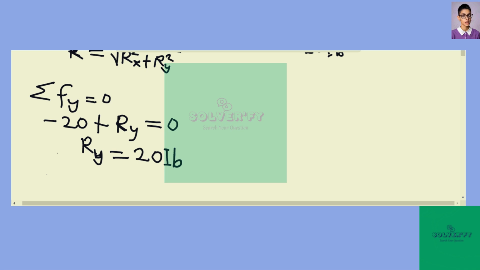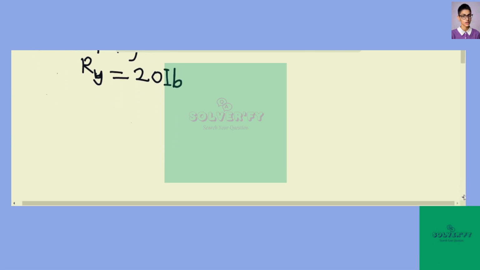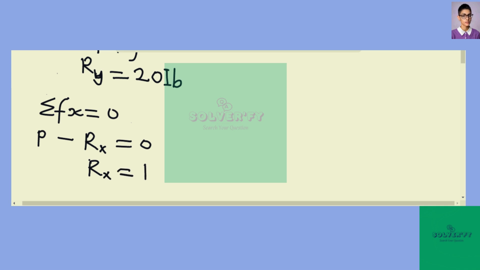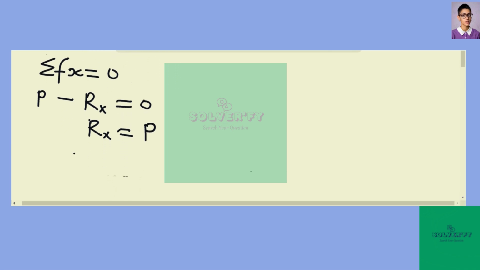Now, having gotten this one, we can consider equilibrium in the horizontal direction. The forces there are P minus the horizontal component of R, equal to 0, so that we have R sub x equal to P. Now we can plug it into that relation I brought earlier.